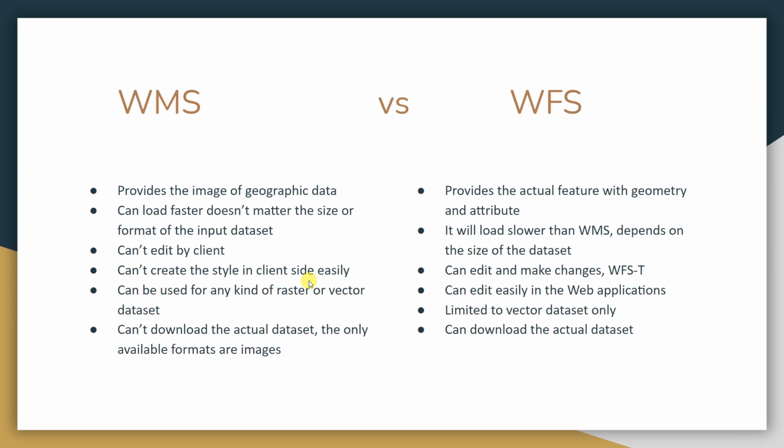So here is the comparison between WMS, web map service, and web feature services. So web map service is the image of geographic data. So I already explained in my previous video tutorial. So WMS is only the image, so it can be fetched from the server easily, but the WFS is the actual feature with geometry and attribute.